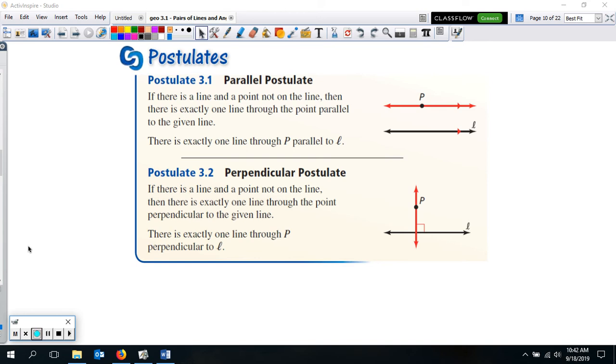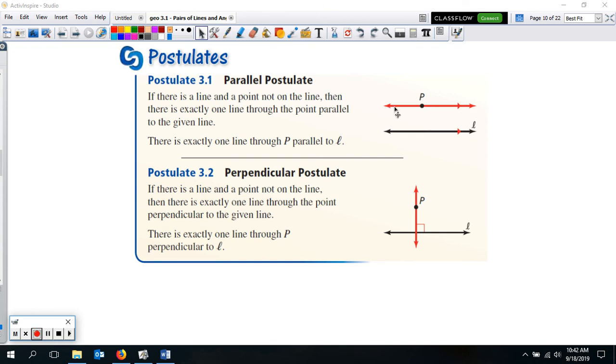So a couple postulates here. That would be on page 68 as well, and then the top of 69. This parallel one is down at the bottom of 68. It just says if there is a line and a point not on the line, so that would be the black line L and the black point P. So P is not on L. Then there is exactly 1 line through that point that's parallel to the given line.